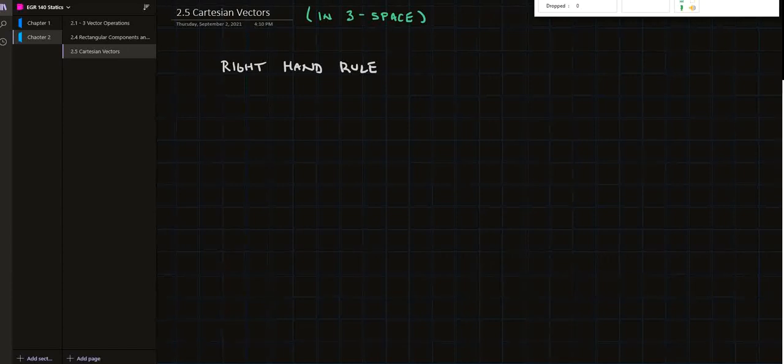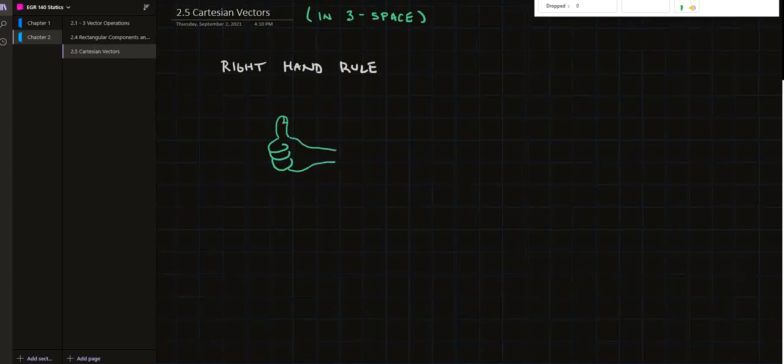Okay, in section 2.5, we deal with Cartesian vectors in 3-space, and we're going to start out by just mentioning that here in the US we usually use the right-hand rule. So that involves a thumb, curled fingers, like a cartoony hand representation.